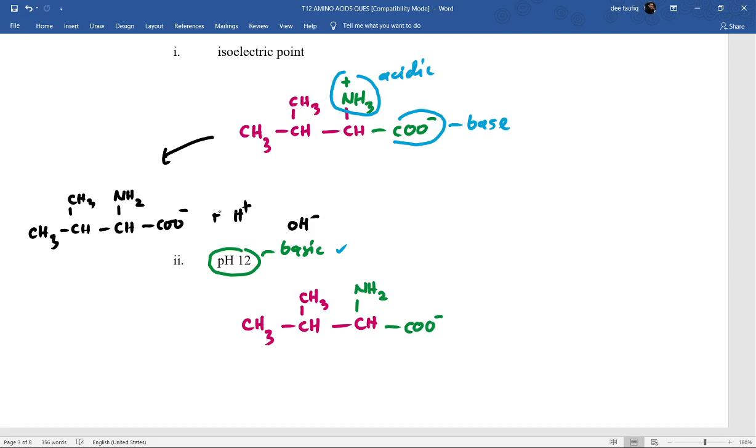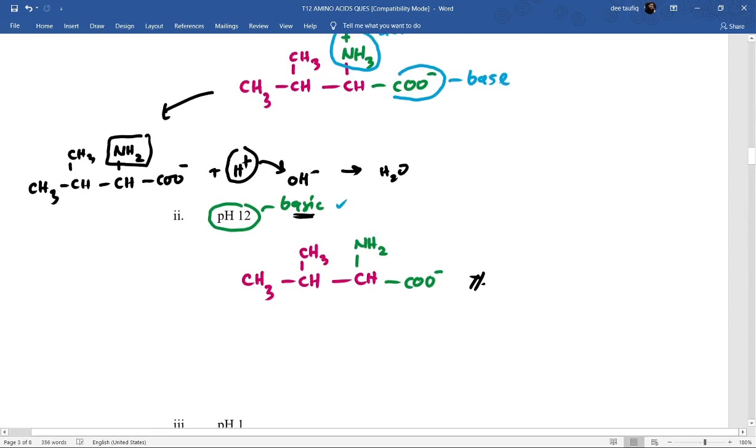And then this H plus yang terkeluar daripada kita punya NH3 ni akan react with OH minus pada basic condition. So dia akan jadi H2O. So dia macam meneutralkan balik the OH dalam basic condition tu. Tapi so yang tinggal inilah dia punya structure.